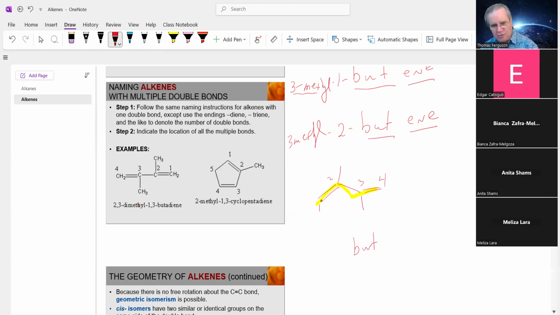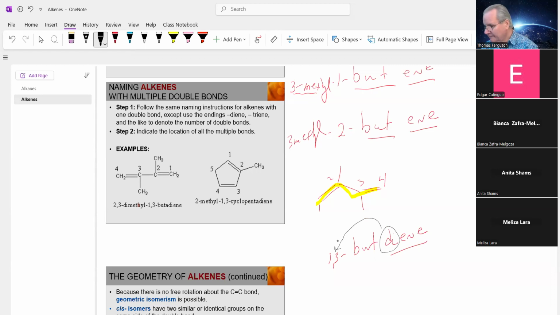And it's got 2 sets of double bonds. So that's going to be a diene. That's a di there. And it's at positions 1 and 3. So this has to correspond with the number there. So we have di, meaning we have to have 2 numbers here. Could be the same number.